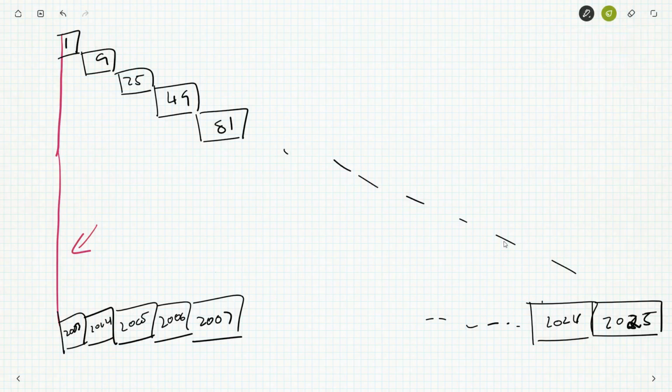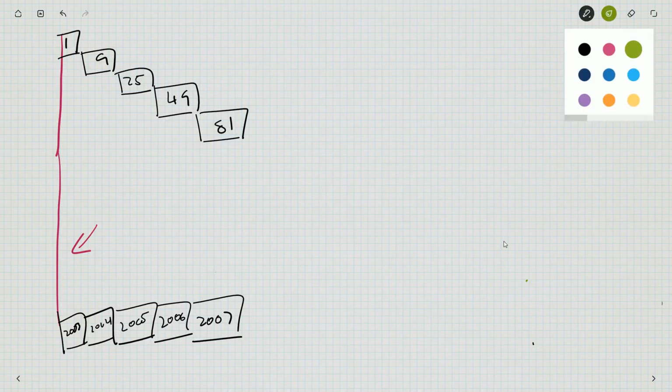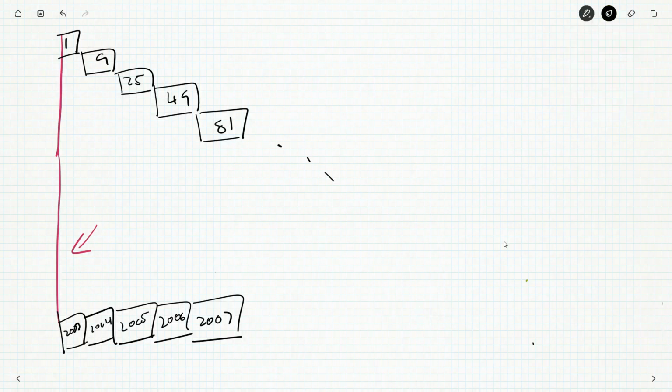Let's get green out here. So now, if I'm thinking about the line above, actually, let's redraw a little bit of this, because I'm going to need the line above and below. So we got 2024, 2025.